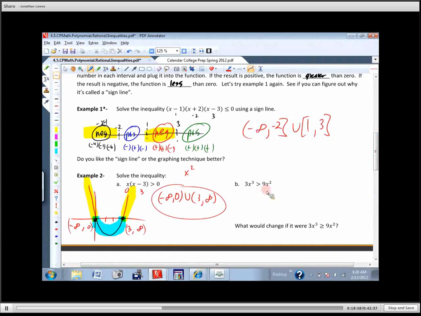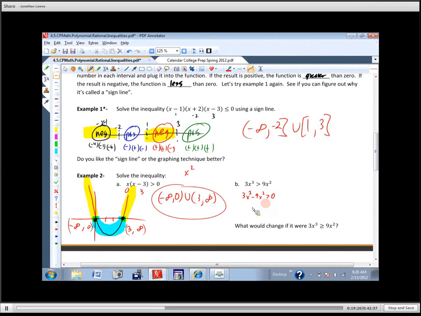So the first thing I'd do is I'd move this over. Everybody watch carefully. If I move this over, do I have to change the direction of that inequality? Do I have to flip it? Nope, because all I did is subtract 9x squared, right? Do we know what this graph looks like?